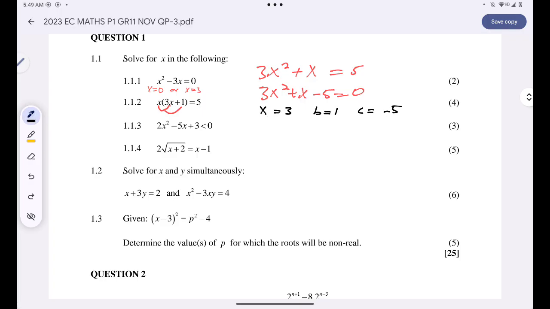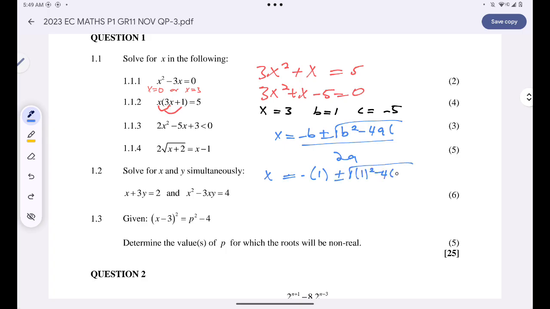And then I'm going to use my quadratic equation, which simply says x is equal to -b plus or minus the square root of b squared minus 4ac all over 2a. You just need to punch your calculator here, guys.